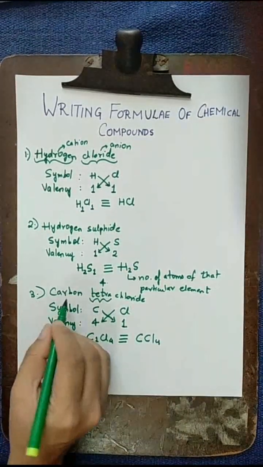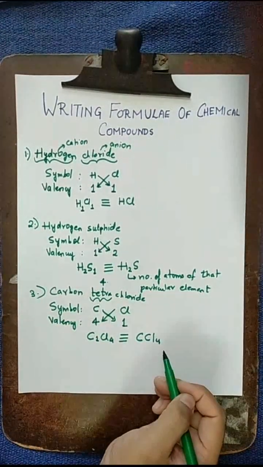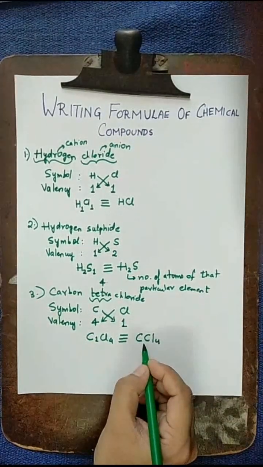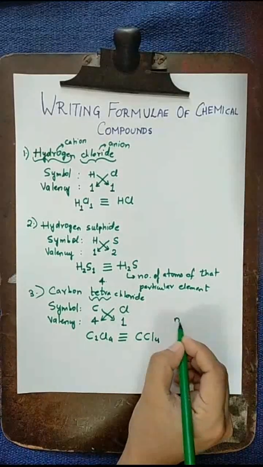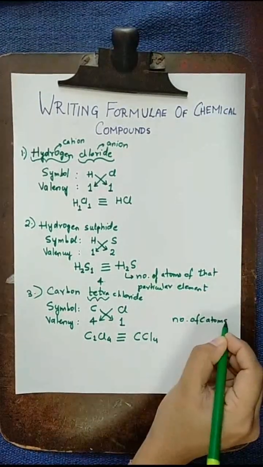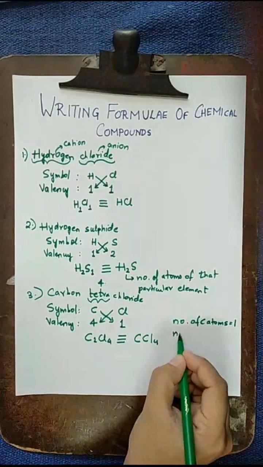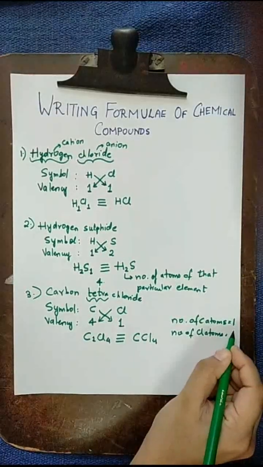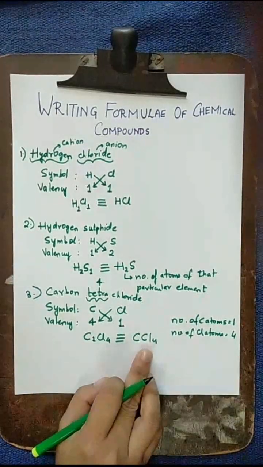So, do you now understand why the word carbon tetrachloride? Because here the number of carbon atoms present is 1, and the number of chloride atoms present is 4, which we can see from the formula.